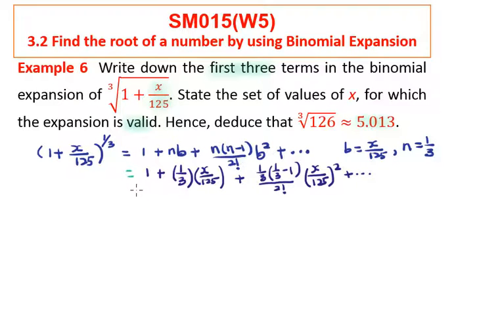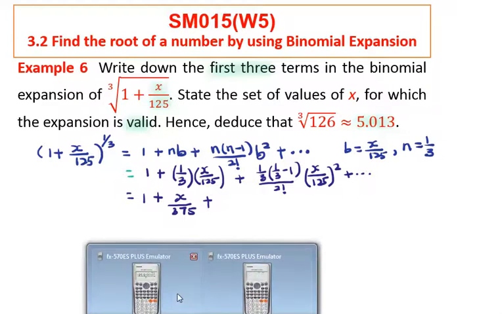Let's carry on. This equals 1 plus 1/3 times x over 125, which is x over 375, plus, let's use the calculator for the third term.